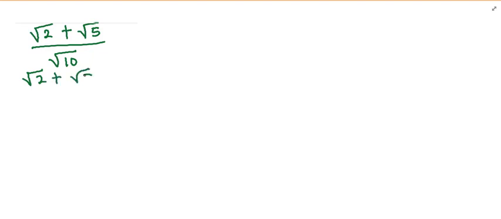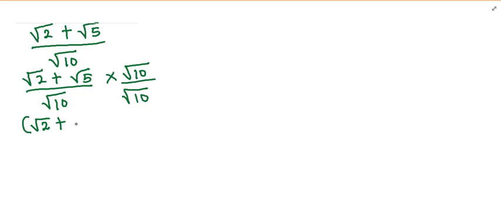Okay, so I have another simple question, very much simple. It says root 2 plus root 5 plus root 5 over root 10. Now remember, root cannot stay in the denominator, right? So we rationalize root 2 plus root 5 all over root 10 multiplied by root 10 over root 10. So right here we'll be having that root 2 plus root 5 is going to be multiplying by root 10.